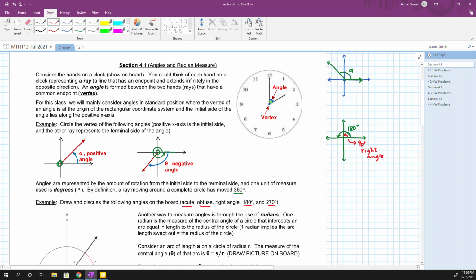180 degrees, we've already talked about that one. 270 degrees. So if we look at our coordinate system here, you get an idea, and again, somewhat of a review. So all the way around, that's 360.